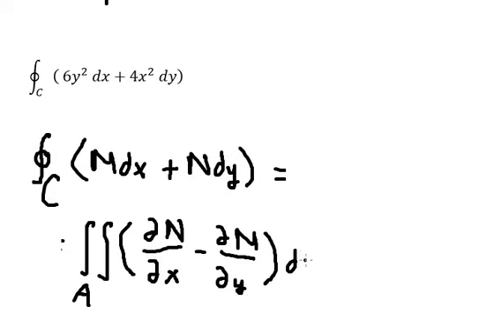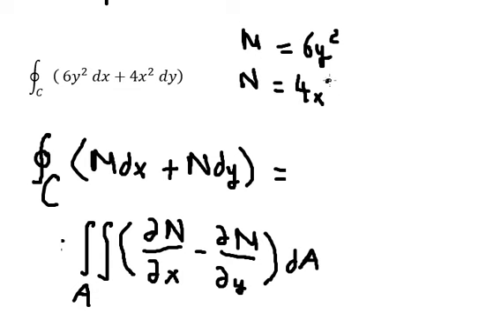So we put the 8 in here. So in this situation, m is 6y squared and n is 4x squared.